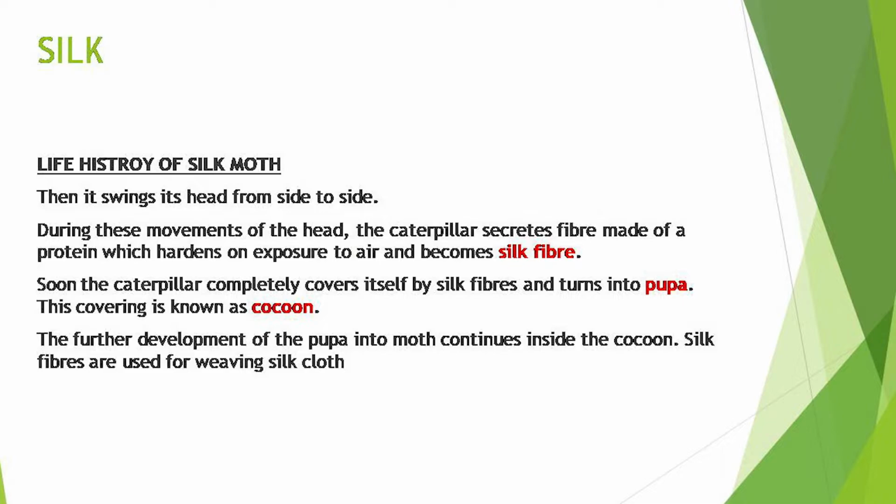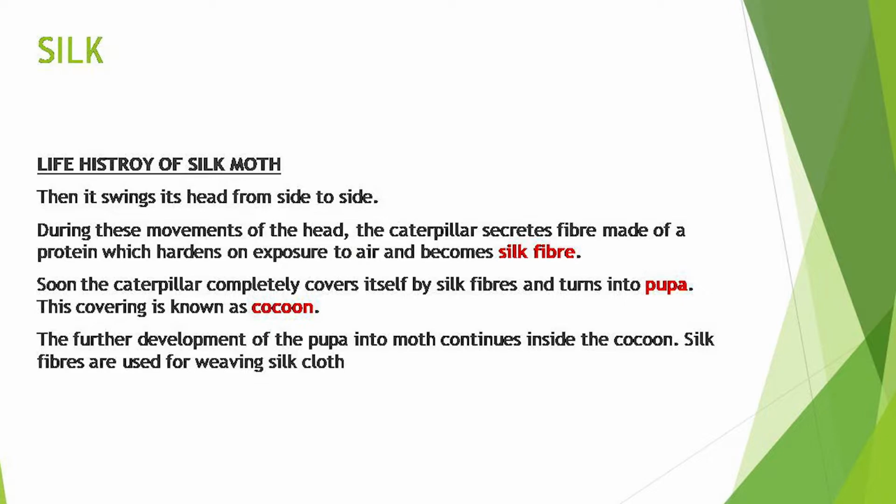Then it swings its head from side to side. During this movement of the head, the caterpillar secretes fiber made of a protein which hardens on exposure to air and becomes silk fiber.